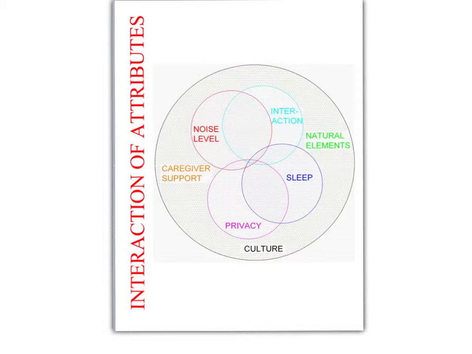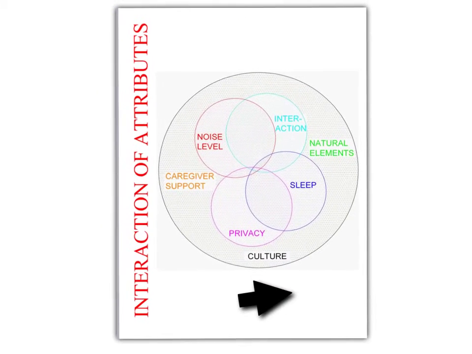Here is our idea of how the attributes interact. The thought is that caregiver support and culture impact each attribute, and that's why they're surrounding all the other ones. And that natural elements are neutral elements which should be there but don't hinder any of the others.